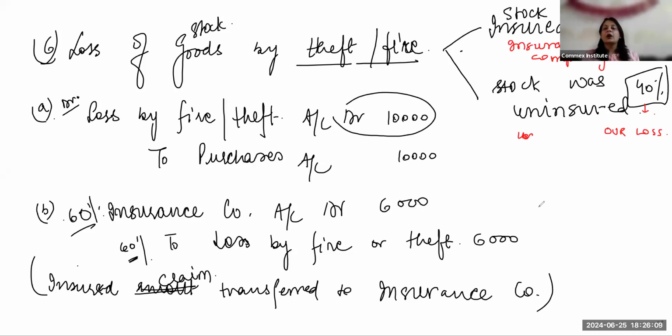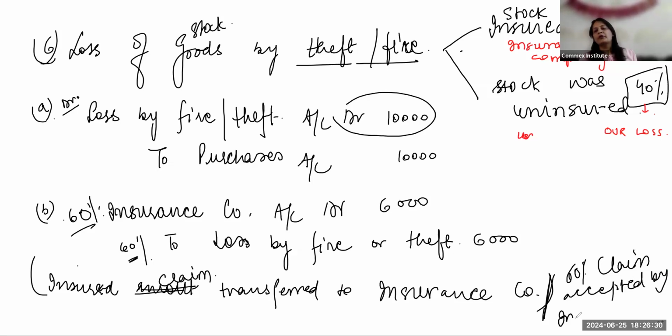Now, when the insurance company accepts the claim, insurance company claim accepted, you can write, or insurance claim transferred to insurance company, you can write. Okay, you can also write 60% claim accepted by insurance company. Whatever you find more logical that you can write, whatever language you feel comfortable with. So 60% of the claim accepted by the insurance company.